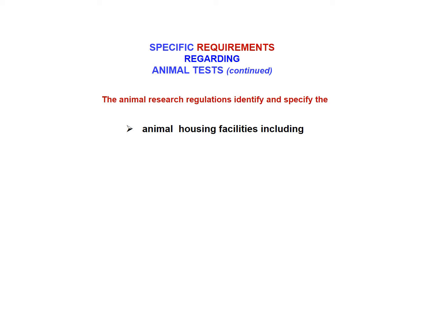These details include how clean the facility is and how often it is cleaned, the temperature control of the facility at all times, and the durations of lights on and off, because of course the animals are now housed indoors and therefore the lights on and off control their biological rhythm in terms of their life's requirements, and the dimensions of the animal cages.